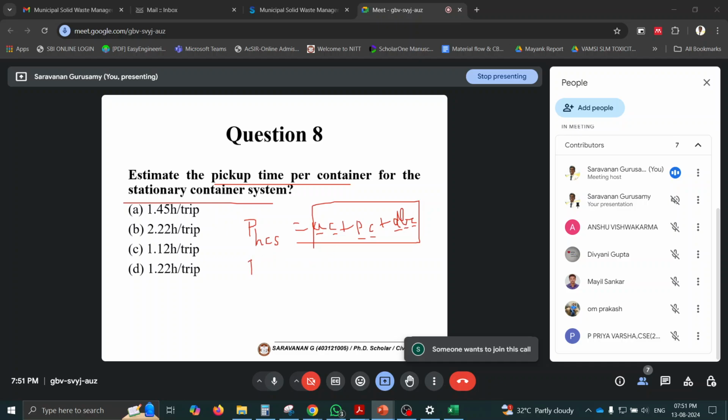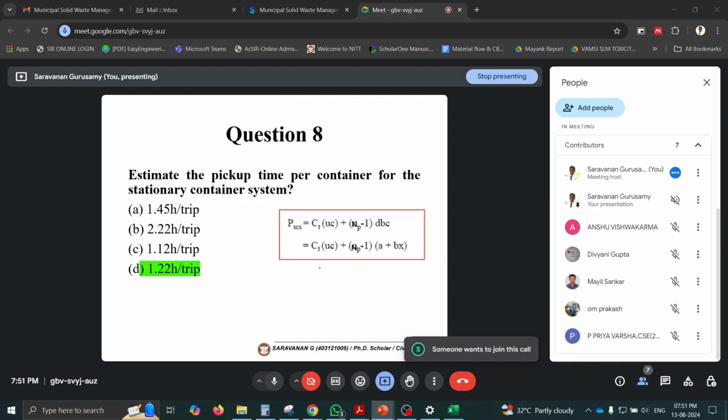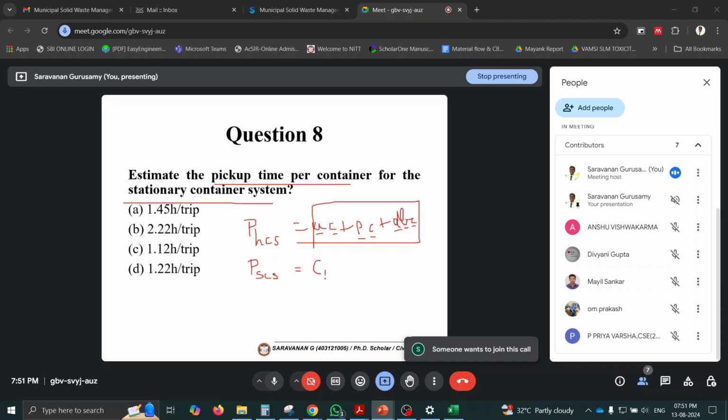If it is the pickup time for the stationary container system, PSCS, then the formula is CT into UC. CT is the number of locations we go to, one location, two location, three location, like that, into the time per location. UC is the unloading time per location.